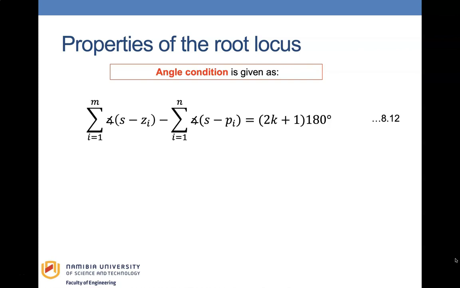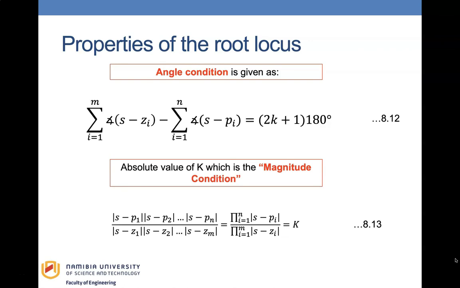The gain k at this point that has fulfilled the angle criterion is found by dividing the product of the pole lengths by the product of the zero lengths, as given by equation 8.13, also represented by equation 8.11.